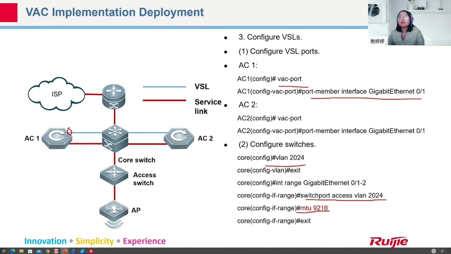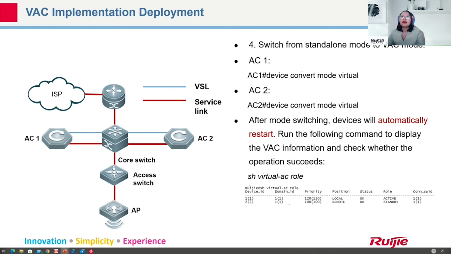This is a physical interface. And you have to switch the mode from standalone to VAC mode. The command is device convert mode virtual, and do the same configuration on AC2.